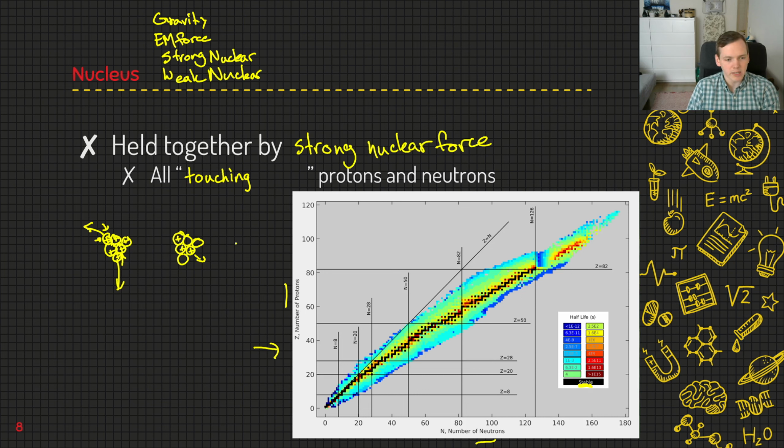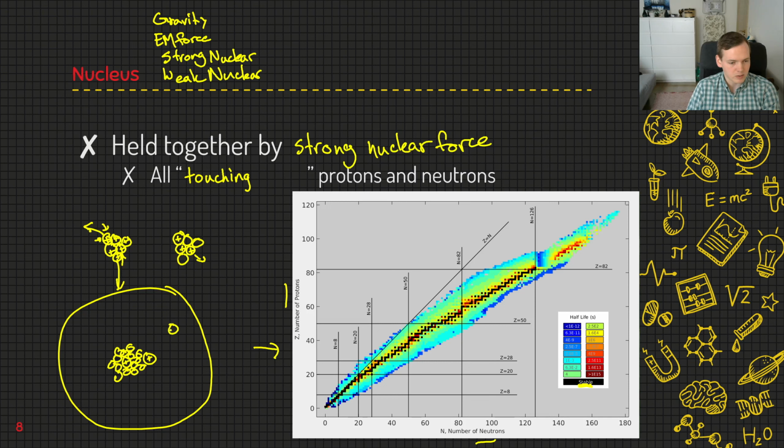And this is because, if you remember, nuclear force only acts for touching particles. The electromagnetic force acts on all the particles. So when you get to a really big nucleus, what you basically end up needing is each proton kind of needs to be completely surrounded with a bunch of neutrons so that we can spread out the protons.